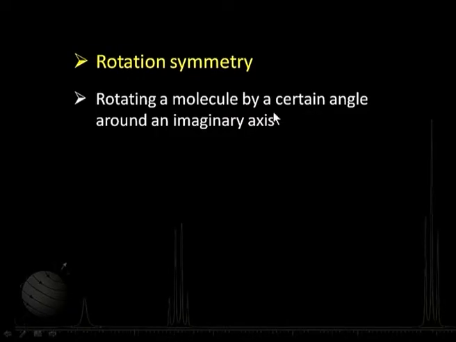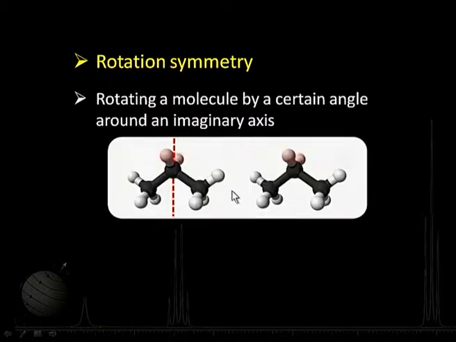Okay. Now, let us get back to our application of symmetry operations in the present context of the protons being equivalent or otherwise. Let us see the meaning of rotation symmetry. Rotation symmetry basically refers to rotating a molecule by a certain angle around an imaginary axis. Let us take an example here. Let us look at this molecule of propane. In this molecule of propane, we know that there are 8 protons.